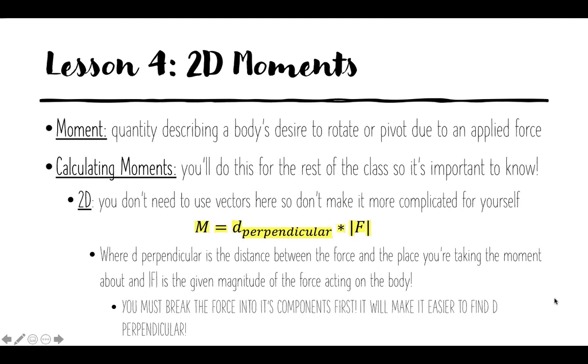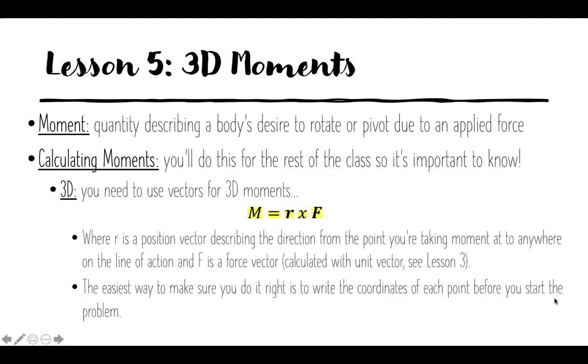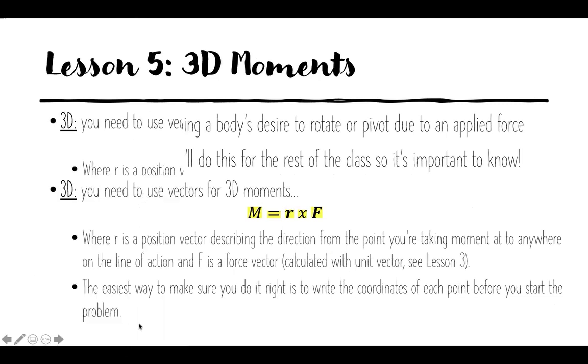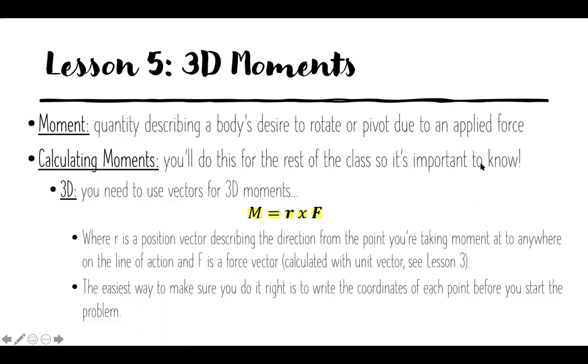Sounds good? Okay, so 3D moments, very similar, still describe how a body wants to rotate after a force is applied at a certain point. So that's exactly the same. Calculating the moments, again, you're going to do this for the rest of the class, so get used to it. For 3D, you do need to use vectors.